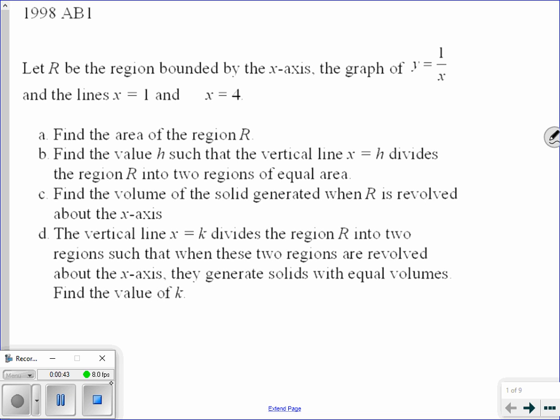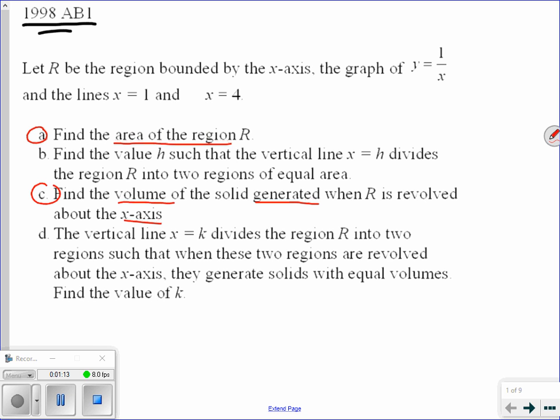All right, so just a little review of a couple things that we've learned so far. We're going to do this 1998 AB number 1 example, and we're only going to do part of it for the sake of time. I'm only going to do part A to practice finding the area, and then part C to practice finding the volume generated when revolved about the x-axis, which is what we learned in the previous lesson.